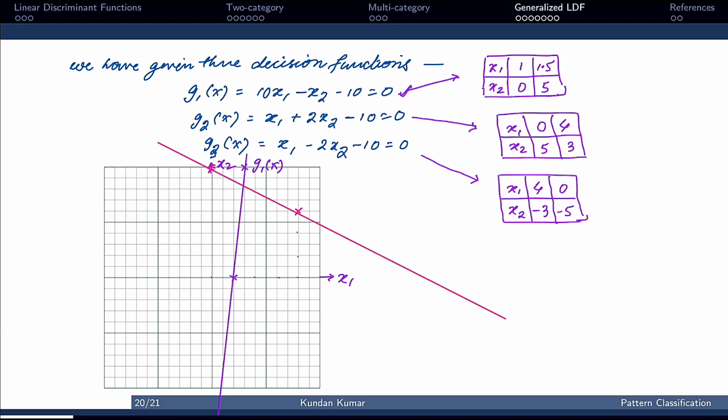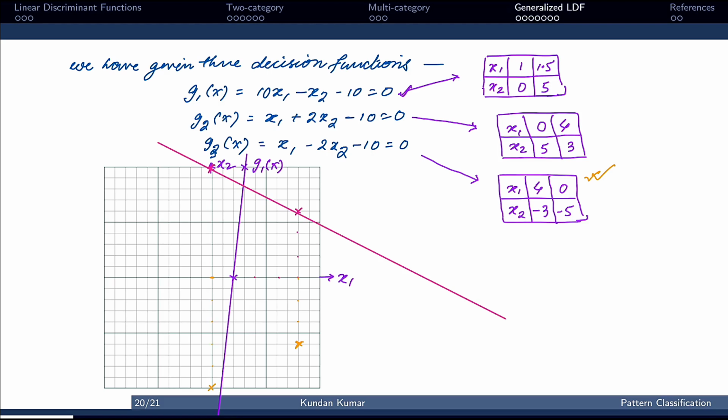Similarly, we can draw the decision surface g3. So here we have the 2 points that we have calculated. x1 equal to 4 and x2 equal to minus 3, so this is one point, and the other point is x1 equal to 0 and x2 equal to minus 5.